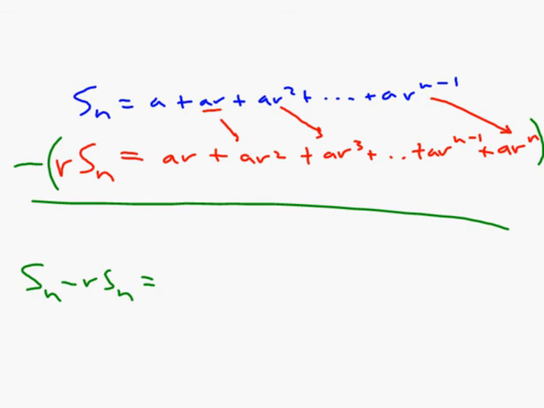I could try and subtract these, but I don't know how to do that, really. I do, but it's not really convenient. So instead, what I'm going to do is subtract these. Cancel. Cancel. There's an ar cubed up here somewhere to cancel. These will cancel. And the only thing left is this on the bottom and this on the top. So the thing on the right becomes a minus ar to the n.